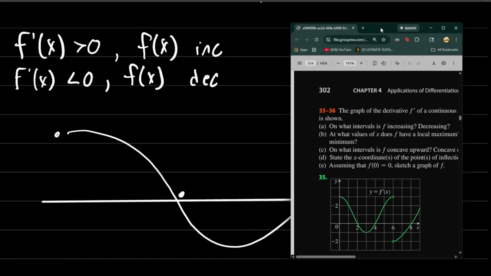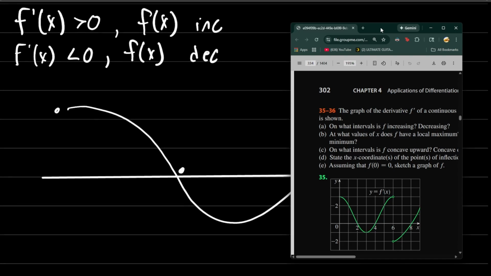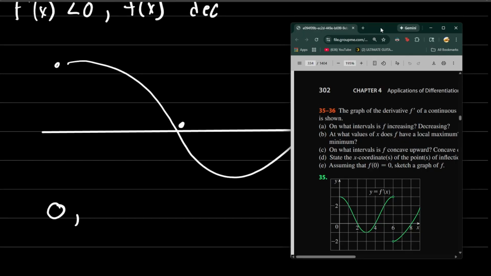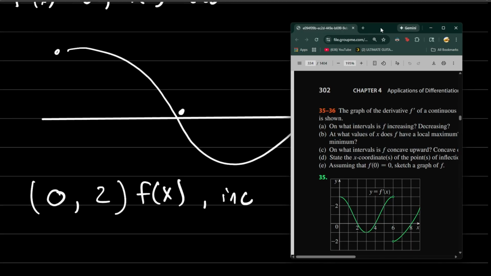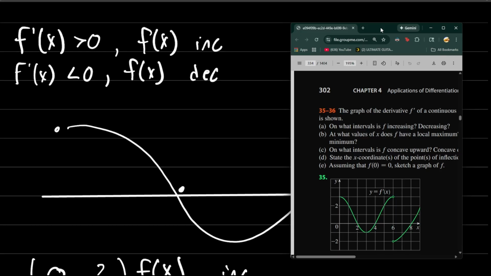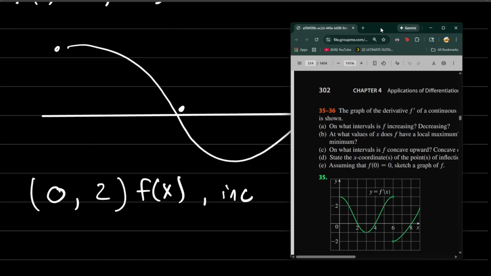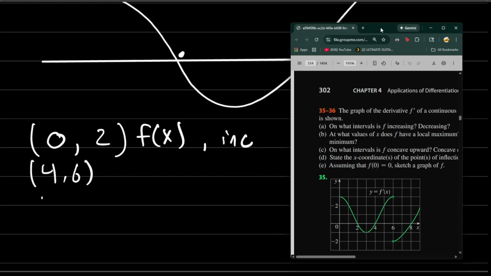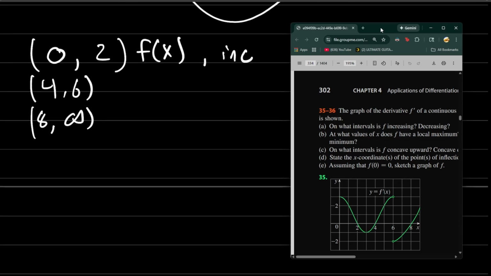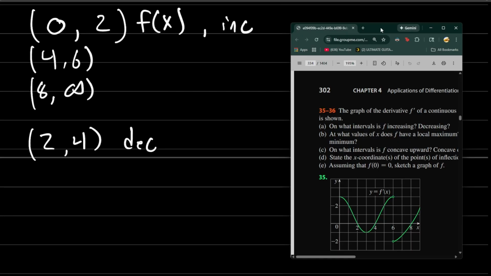So you can see that this graph does this sort of thing right here, which means that from here to here, f of x is increasing, which is from 0 to 2. F of x is increasing. And then it becomes positive again here, where it goes from 4 to 6, increasing. And then from 8 to infinity, it is increasing. And then it is decreasing from 2 to 4, and then from 6 to 8, like that.